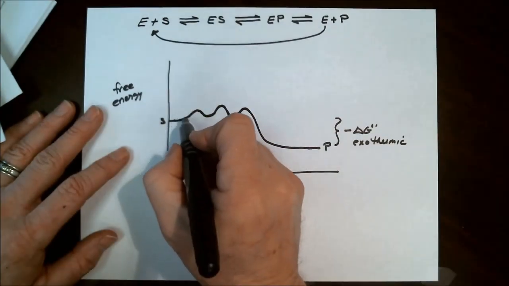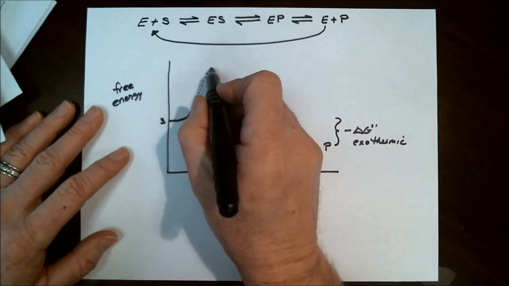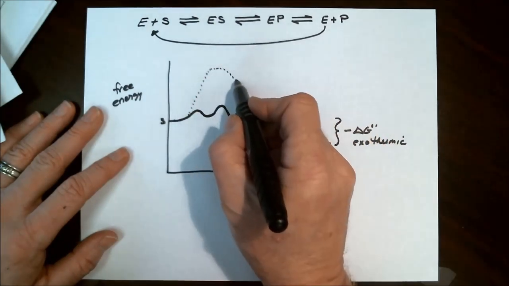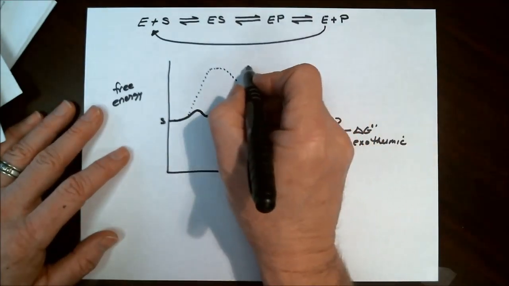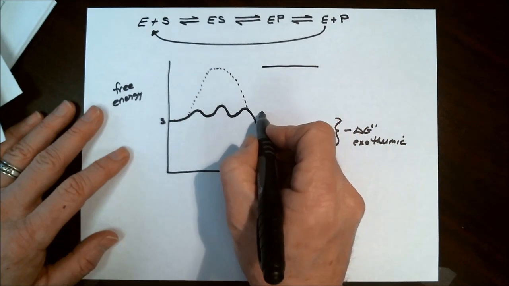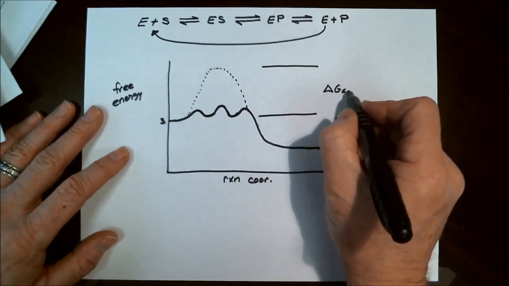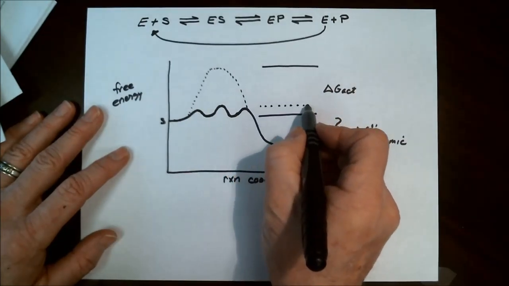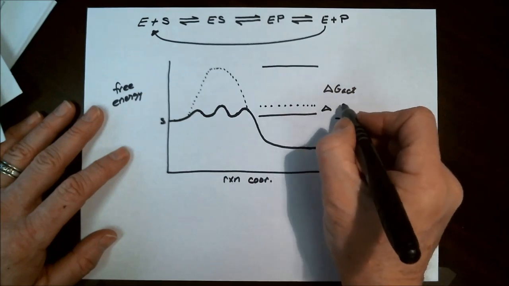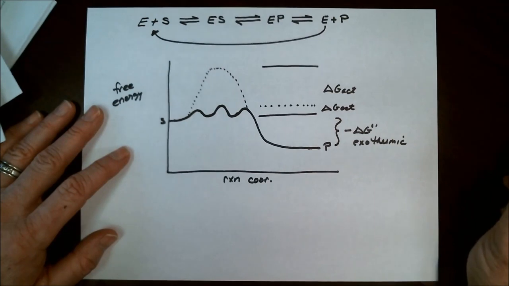What the enzyme is doing, to reiterate, is that if this is the original activation energy, delta G activation, the enzyme is essentially reducing this to a much smaller level, allowing the reaction to move forward.